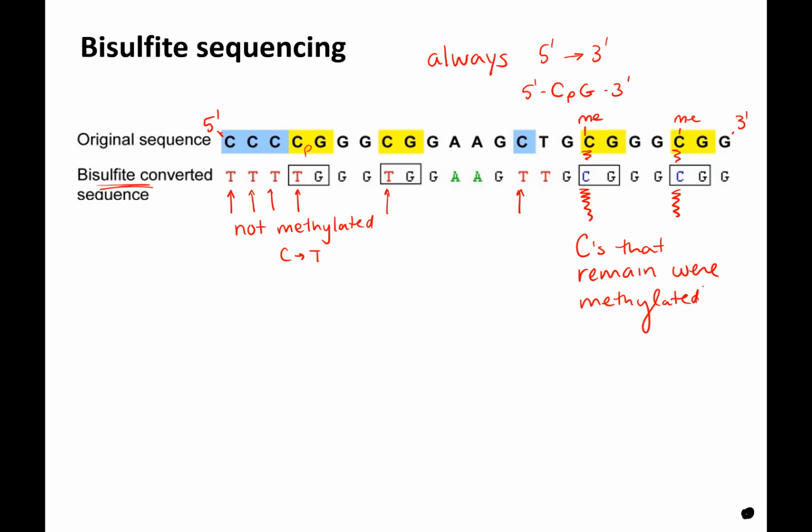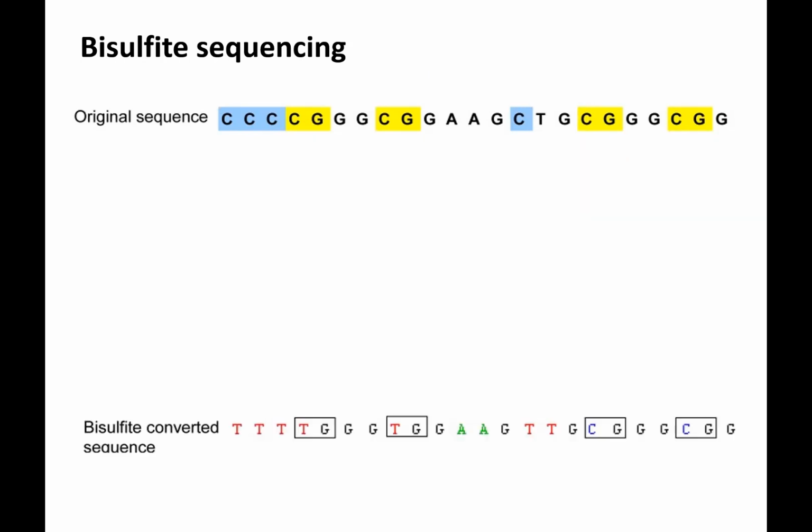Let me show you why the Cs are converted to Ts. Again, all I've done is split that diagram. So here's our original sequence, 5' to 3'. We add bisulfite, and all these Cs now look like Us, except, let me remind myself, these two were methylated.